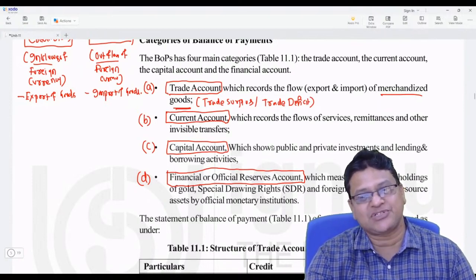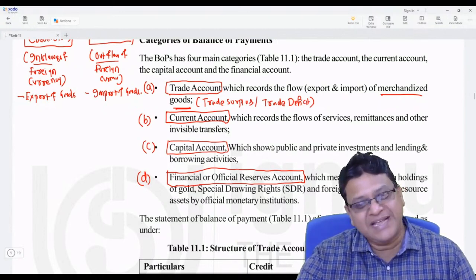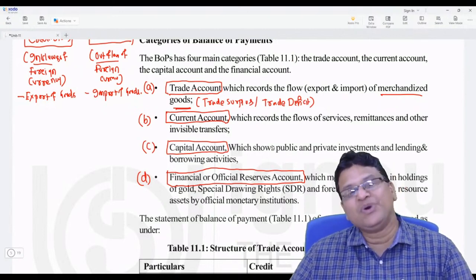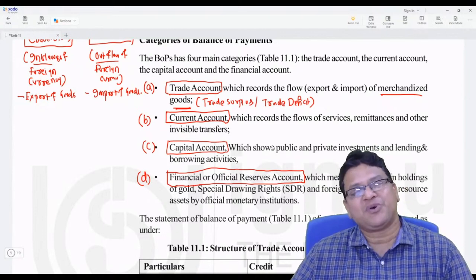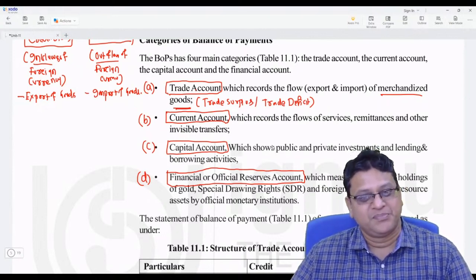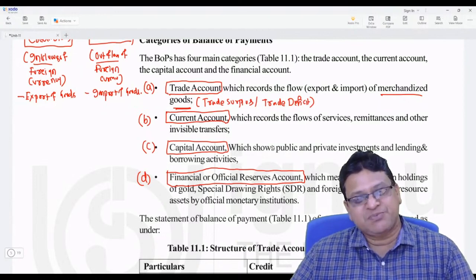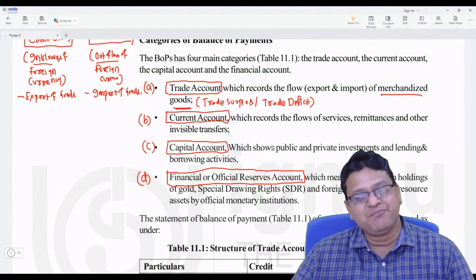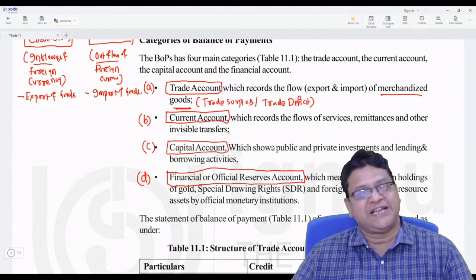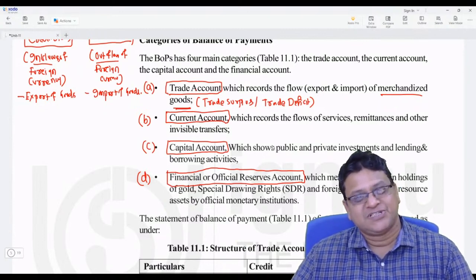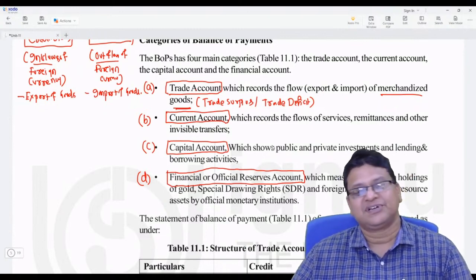Trade deficit occurs when we export less and import more. With China, most of the countries are facing a trade deficit problem. They export less to China, they import more from China. This is known as trade account.